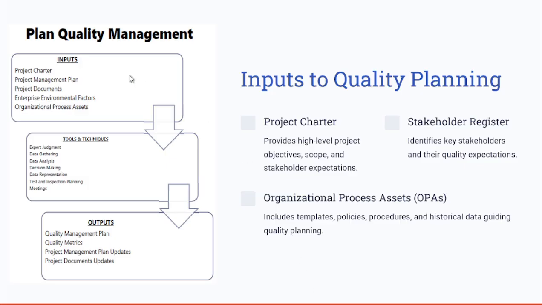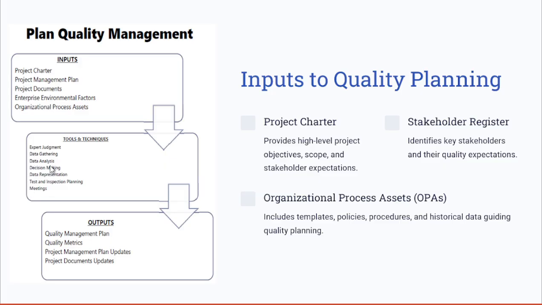And here are the key inputs, tools and techniques, and outputs. The inputs include the project charter, the project management plan, the other project documents, the EEFs, and the OPAs, and the tools and techniques you have here. I believe that we have covered all of them in the earlier sessions. But again, we'll go into each of them just to understand the perspective of each of these techniques in quality planning.